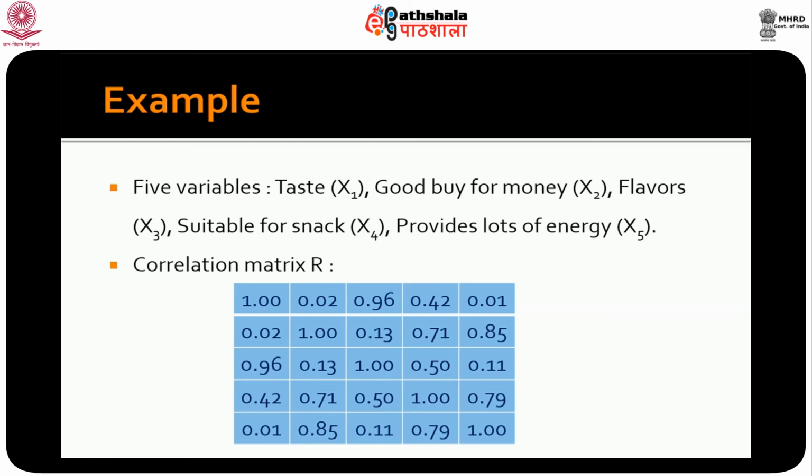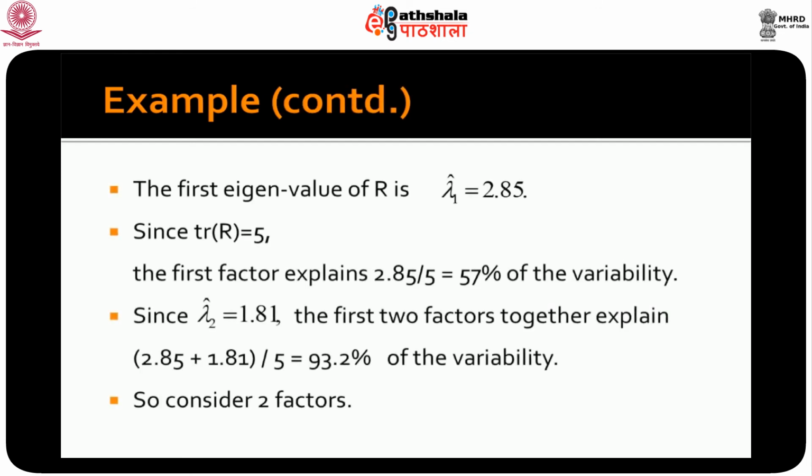Mind you, in this case we are not doing a factor analysis using the dispersion matrix or the sample variance covariance matrix. We can always standardize the variables and do it on the correlation matrix, which we are going to do here. If you find the eigenvalues of this matrix, let's call this matrix R, which is the estimated population correlation matrix, this sample correlation matrix would lead to the first lambda 1 hat value as 2.85.